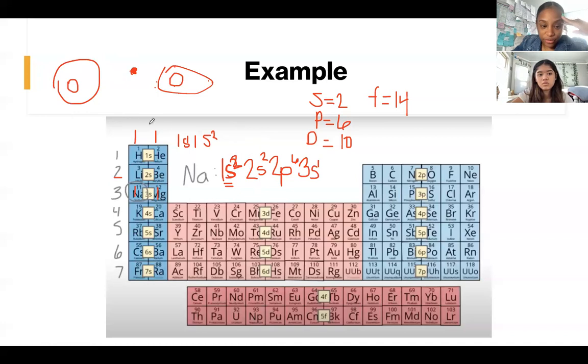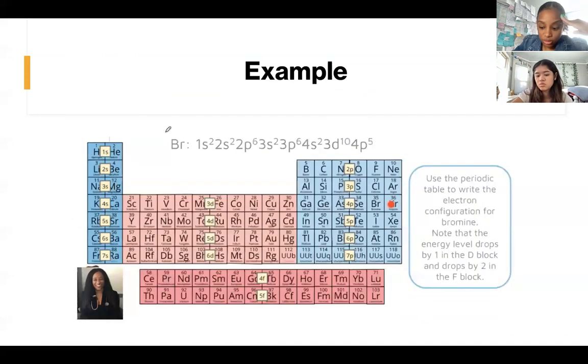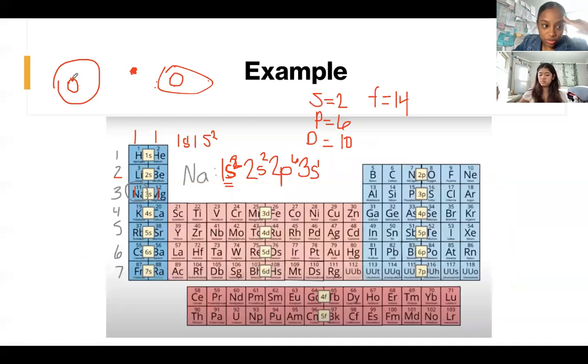We said the first level will hold 2 electrons. Then second, 1, 2, 3, 4, 5, 6, 7, 8, 9, 10. And then our third orbital is going to have 1 more electron right here. That represents the 1 electron that is going to be here.